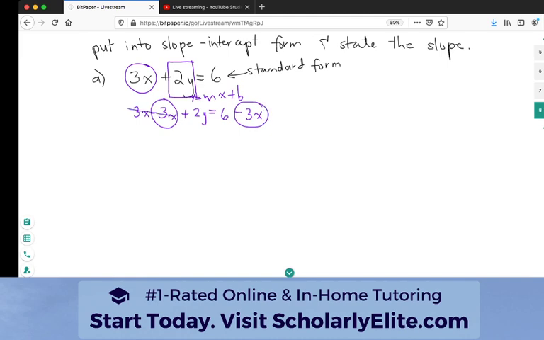So here this cancels out because 3 of anything minus 3 of that same thing are going to cancel. And I'm left with 2y. So we've got 2y equals, and I'm going to rearrange here because we want this to be in the right format. So negative 3x plus 6, and we know it's a plus because here there was nothing in front of it and we automatically assume that it's a positive.